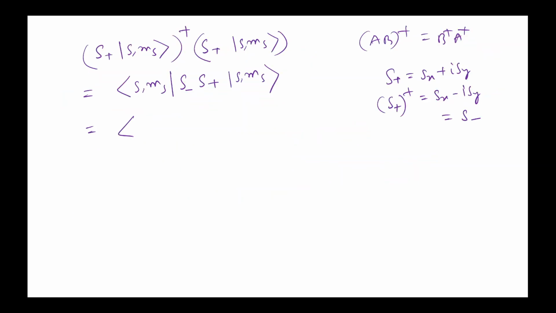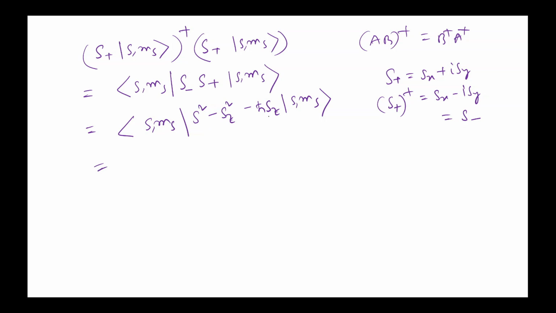Now you can put <S, ms| S square minus Sz square minus h cross Sz |S, ms>.